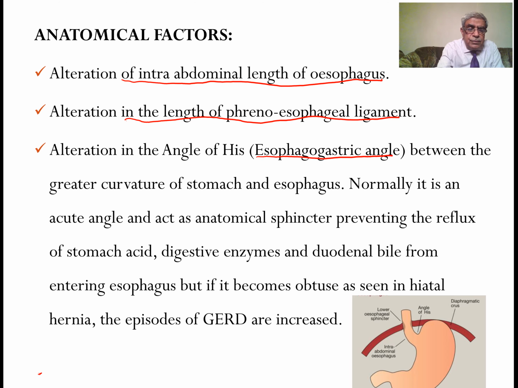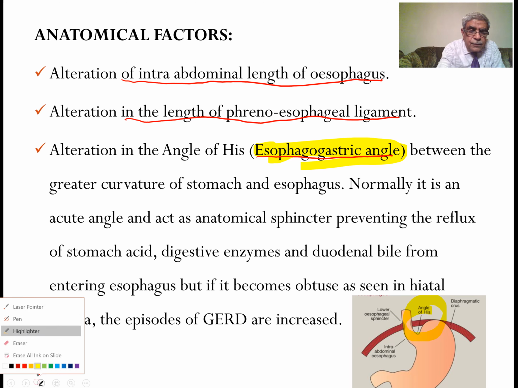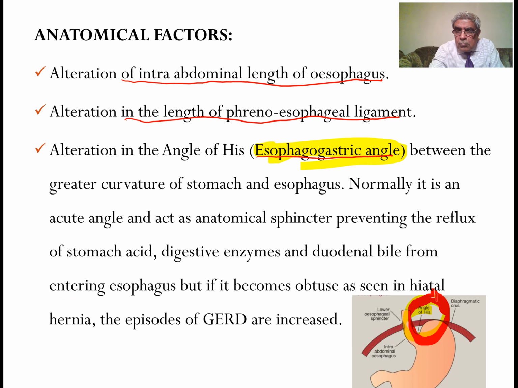Now I show it to you. This is the angle, the esophagogastric angle, and this is here. Now this angle is between the greater curvature of the stomach and the esophagus.